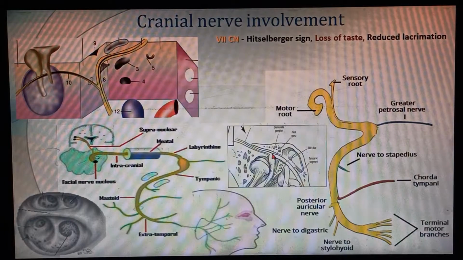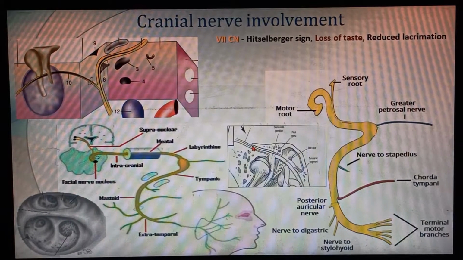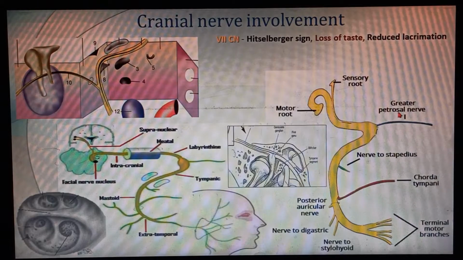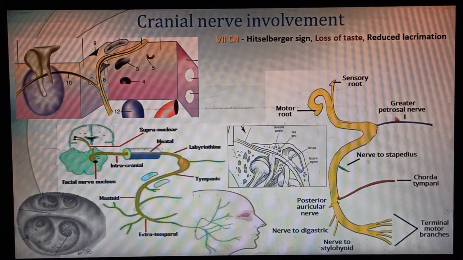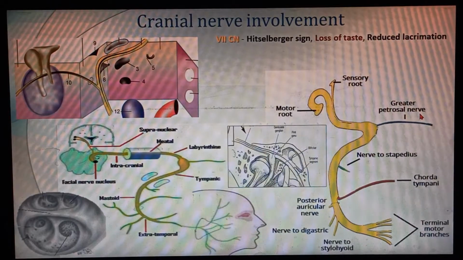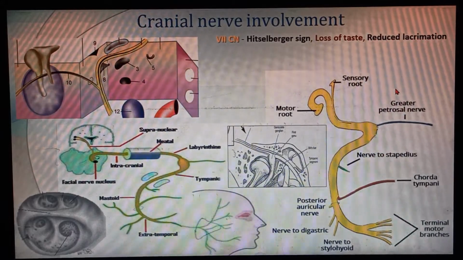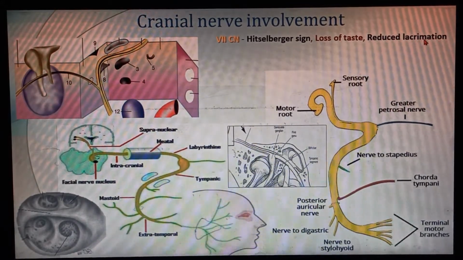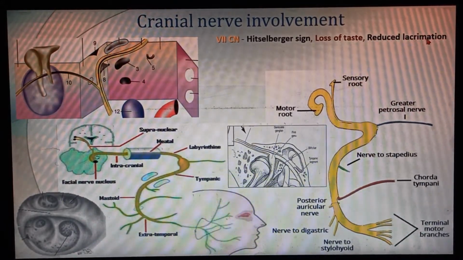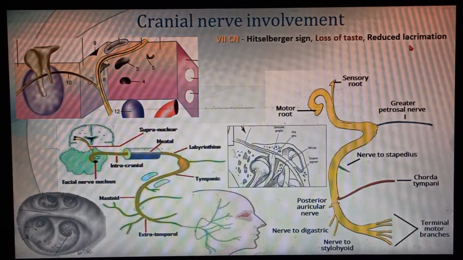Here from the geniculate ganglion there is a branch given. That branch is called the greater superficial petrosal nerve, which joins with the deep petrosal nerve later on and forms the Vidian nerve. So this nerve supplies the lacrimal gland of your eye, which is responsible for tear formation.